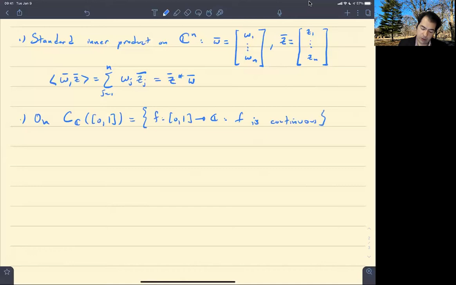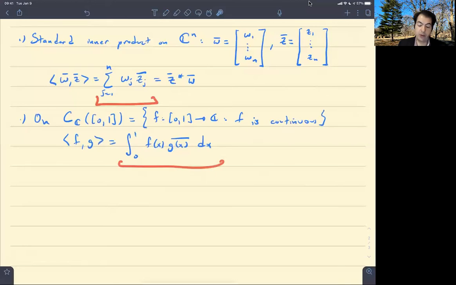So here's an inner product on these functions. You integrate from 0 to 1 f of x times g of x bar dx. So notice that this is very similar to the standard inner product on Cn. It's just that we replace the sum with an integral.